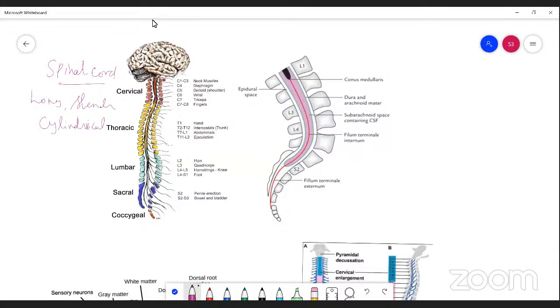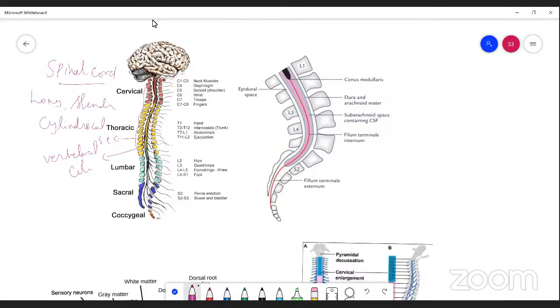It is protected by the vertebral column. The spinal cord is one of the long, slender, cylindrical nervous tissues, and it is protected by the vertebral column.